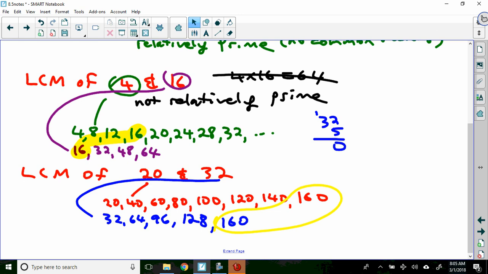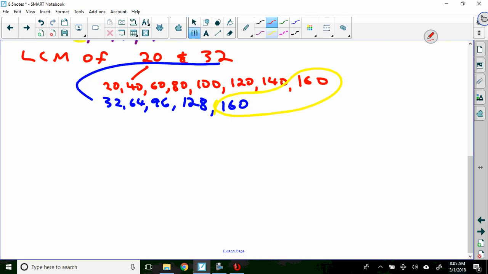So sometimes finding LCMs is tough with numbers. If it's tough with numbers, imagine if we throw variables and variable expressions into the mix. Maybe we should have tried this 20 and 32 example a different way. Maybe we should have broken down 20 and 32 into their prime factors. This is 2 times 2 times 5.